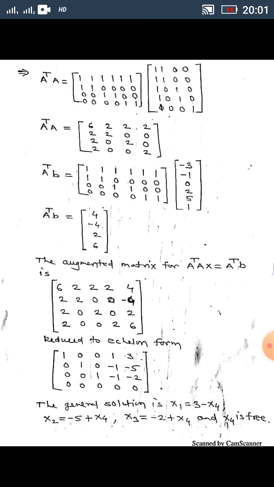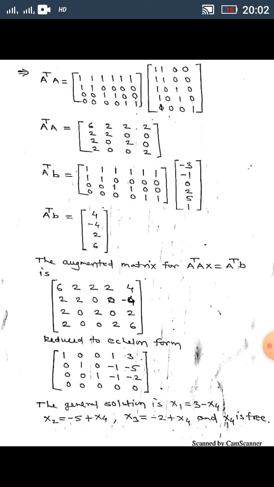So 0 element will be the second element of third row. 0 into 0, 0 into 0, 1 into 1, 1 into 1, 0 into 0. So only 1 into 1 will be there, and 1 plus 1, that is 2. So 2 will be the addition of third row, third element.